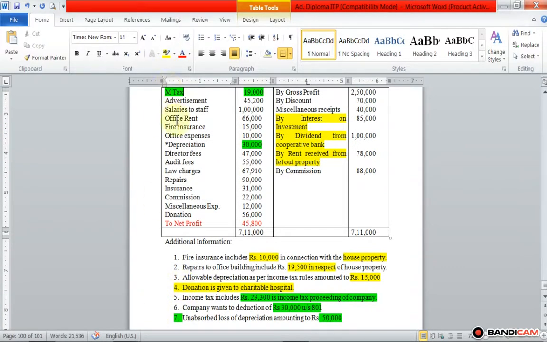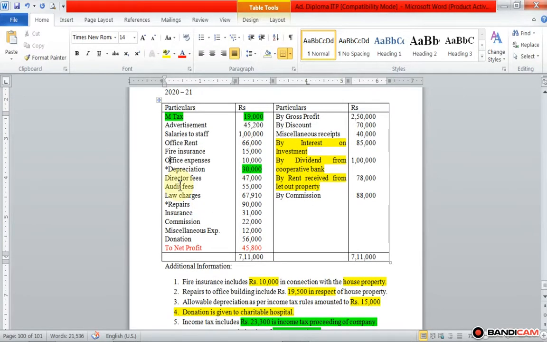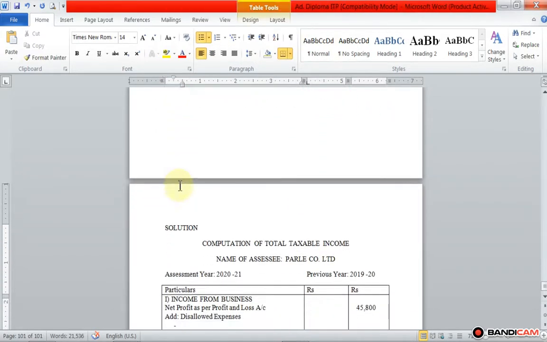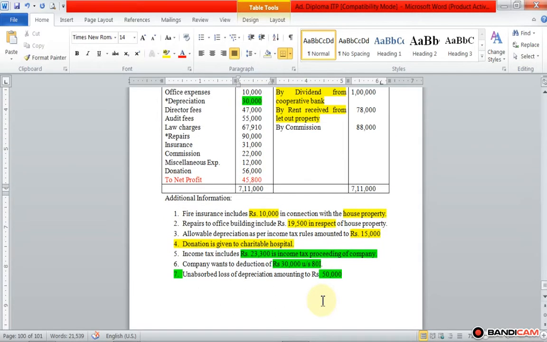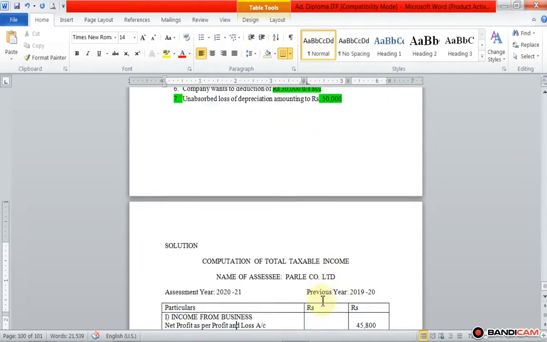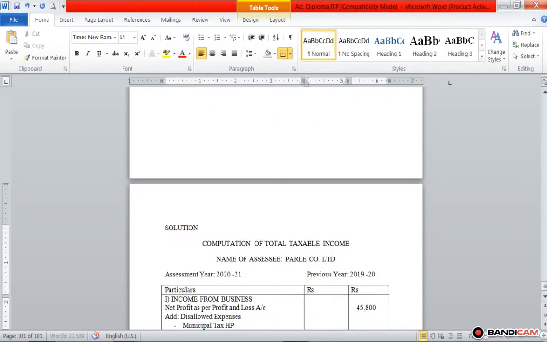First, municipal tax is disallowed, relating to house property, amounting to rupees 19,000.